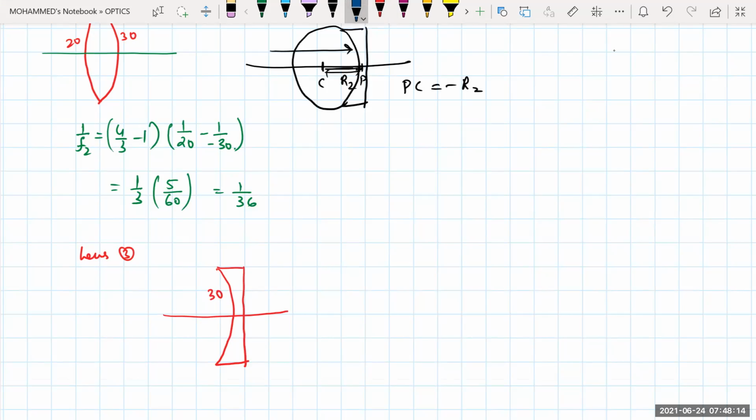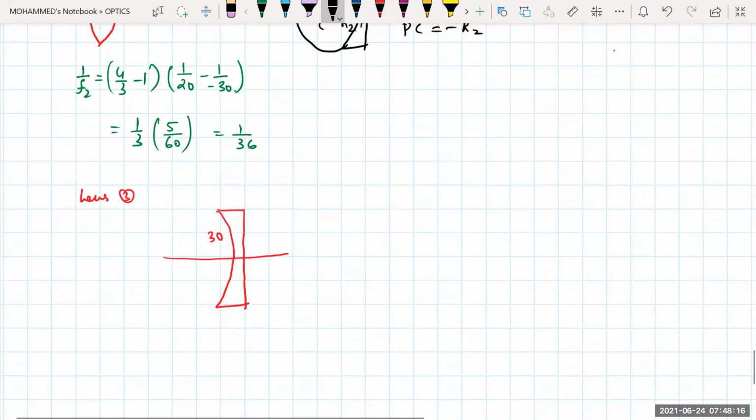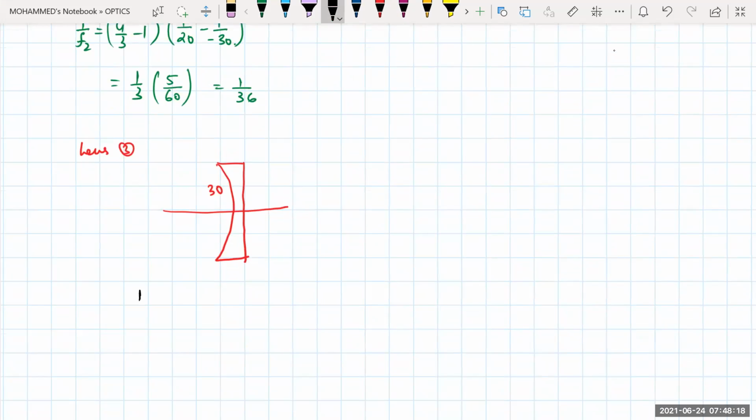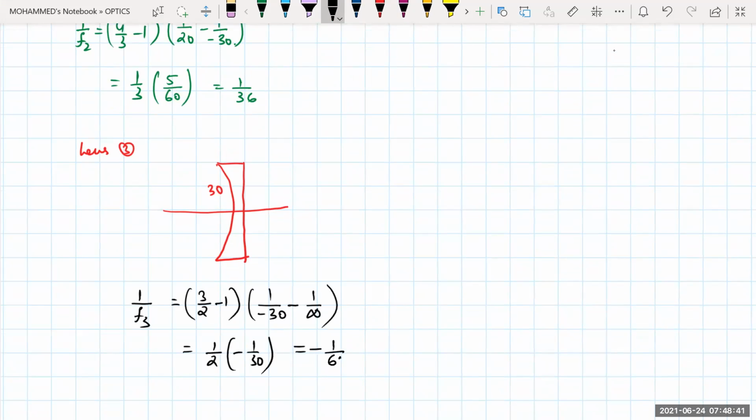If I'm writing the formula for this one, 1 by f3 will be equal to refractive index of glass 3 by 2 minus 1, into 1 by R1, which is minus 30, and R2 will be infinity. So this will become 3 by 2 minus 1, which is 1 by 2, into minus 1 by 30. That becomes minus 1 by 60.